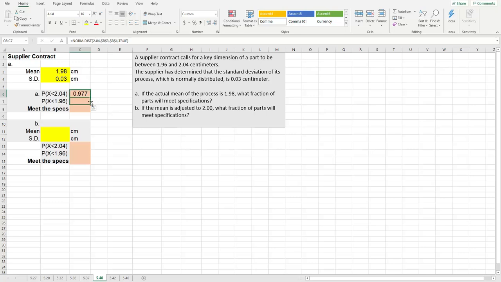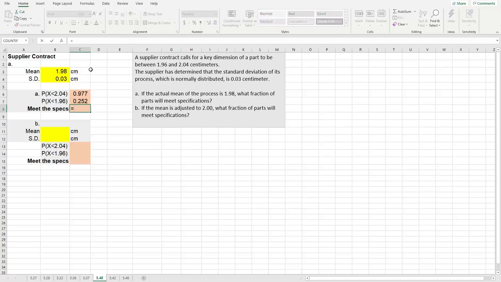And then we can simply drag this down and change the 2.04 to be 1.96, and then subtract 1.96 from 2.04, and that gives us the probability of getting in between 2.04 and 1.96.